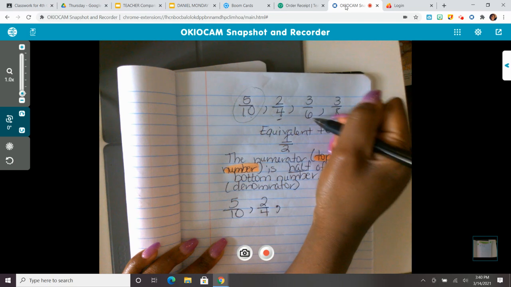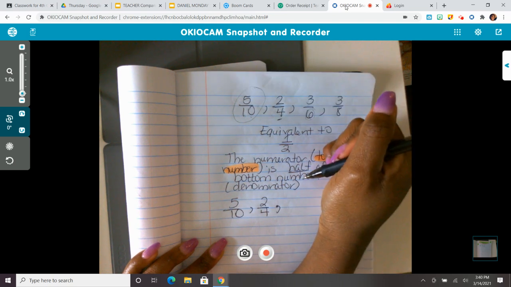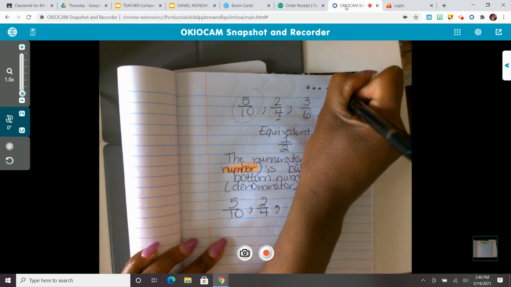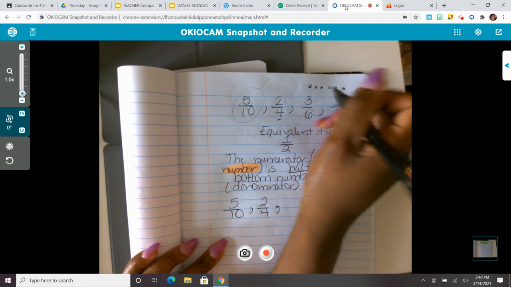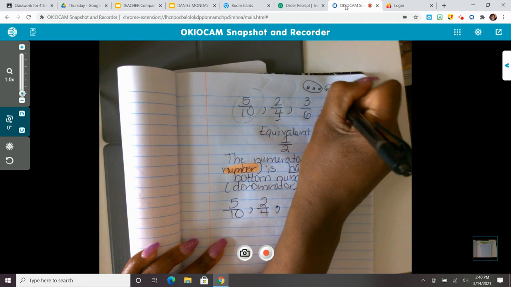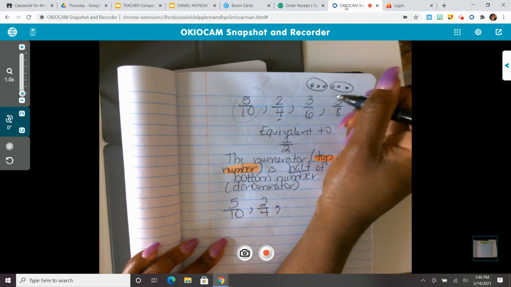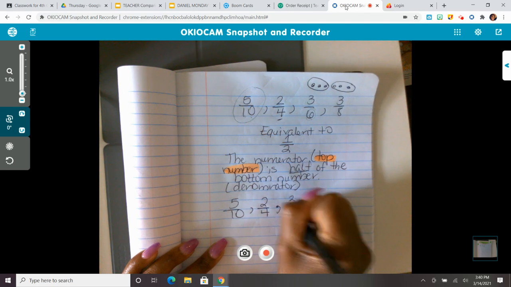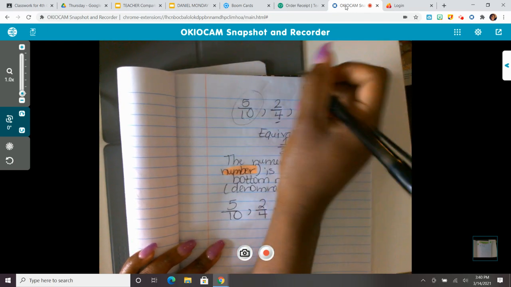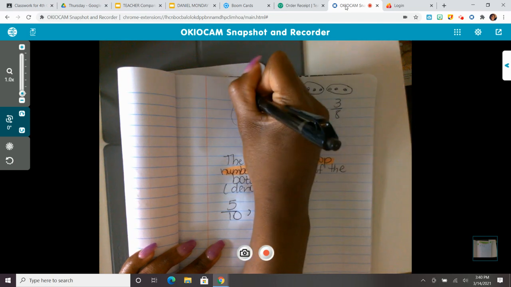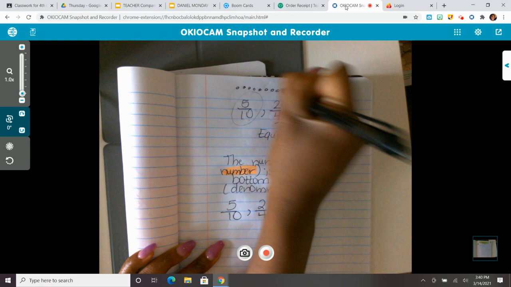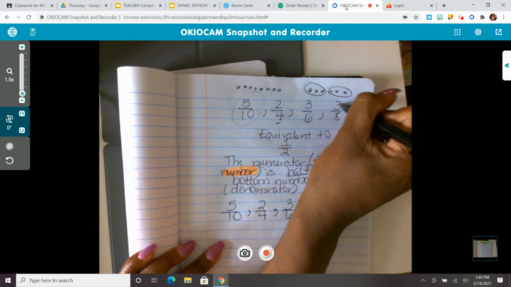What about 3/6? Half of 6 is what? If I had 6, 1, 2, 3, 4, 5, 6, and I split them in half, this side will get 3 and this side will get 3 evenly. So that means that 3/6 is equivalent to half. Let's look at 3/8. If I had 8, 1, 2, 3, 4, 5, 6, 7, 8, can I split those up?